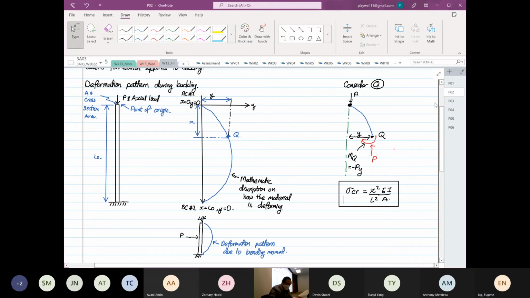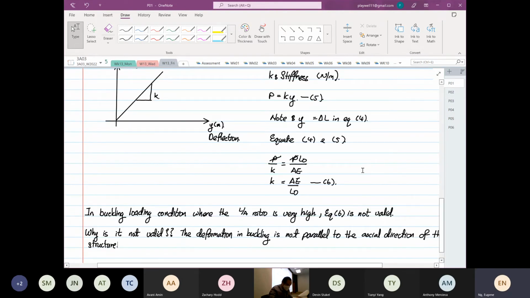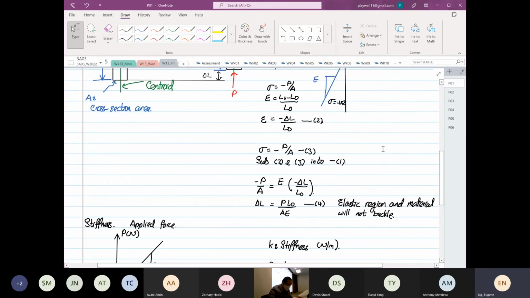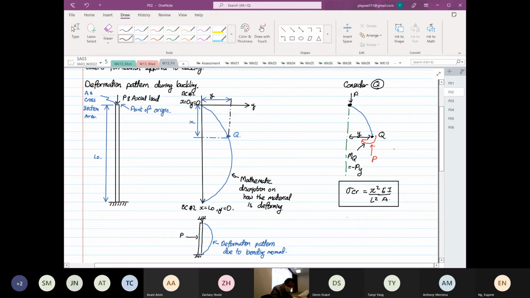Now, if we were to go back to our previous equation, where deflection is equal to PL over AE, and we know that stress for this case is P divided by A. Now this is under a non-buckling situation.